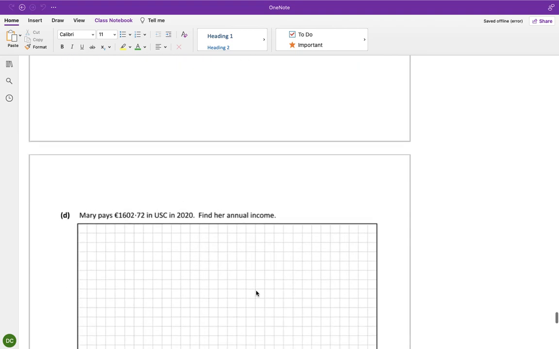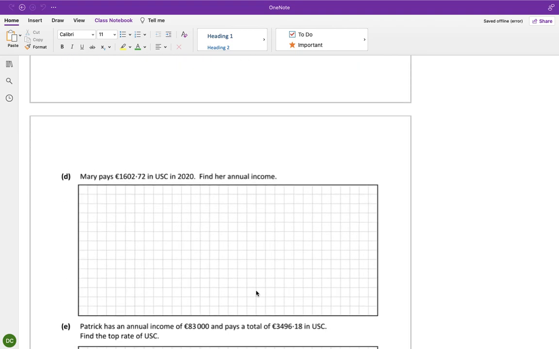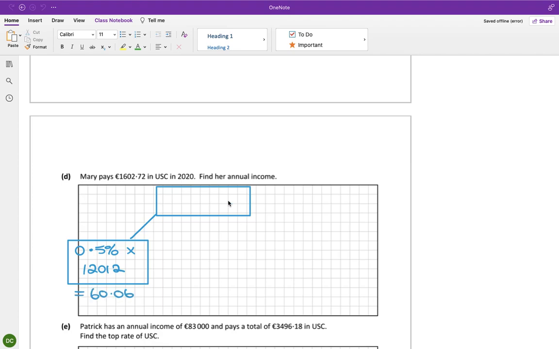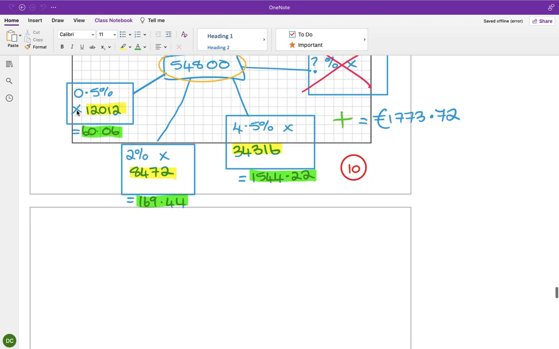Right, so let's try and sort hers out. She has some amount of money up here, which we don't know. Here she has 0.5% multiplied by 12,012, and that's 60.06. So that is literally just the same as that.